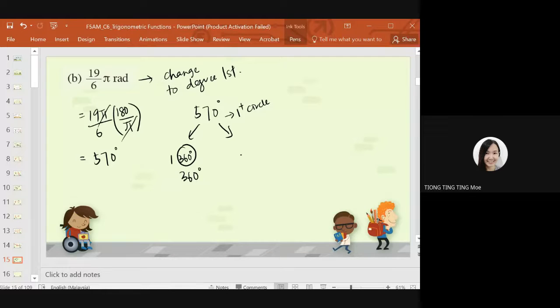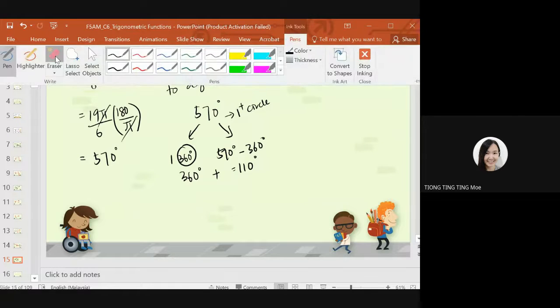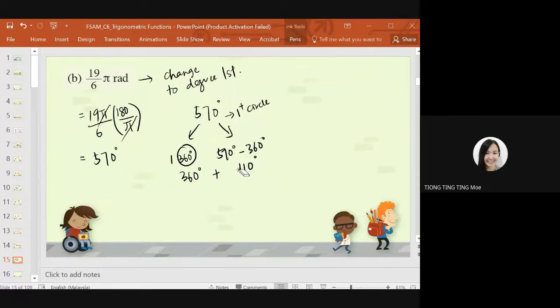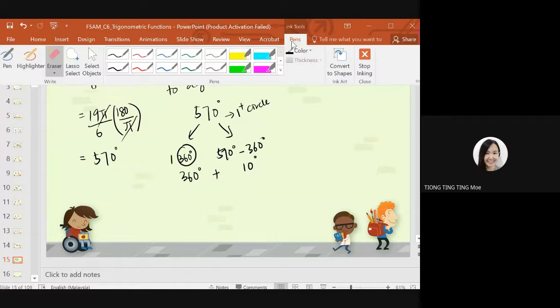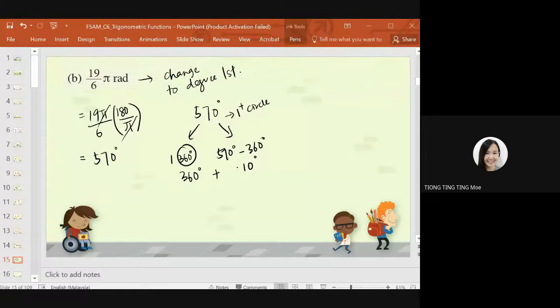So then another circle, the rest of the degree, 570 minus 360, so 570 is 360 plus 210. Oh, sorry, 210, sorry. 210 degree. 210 degree is which quadrant?